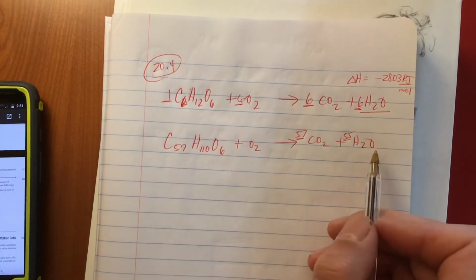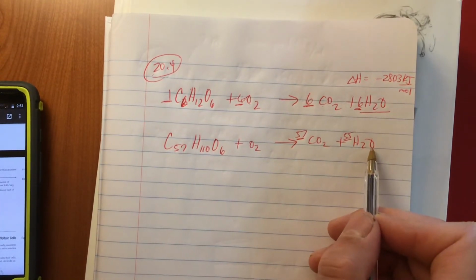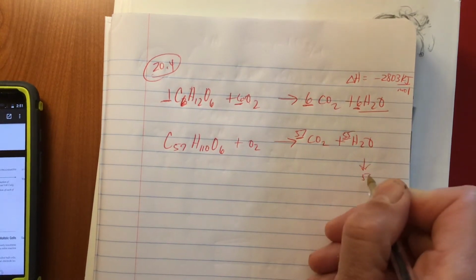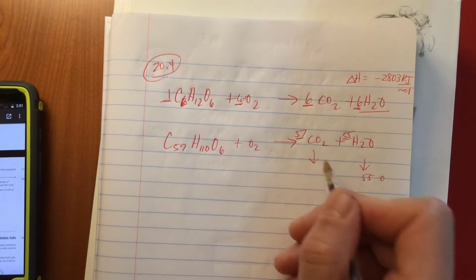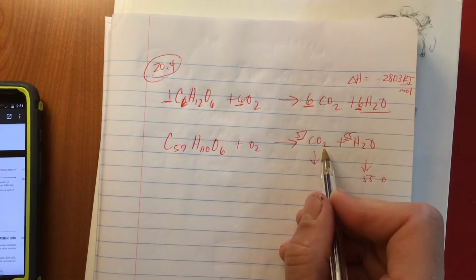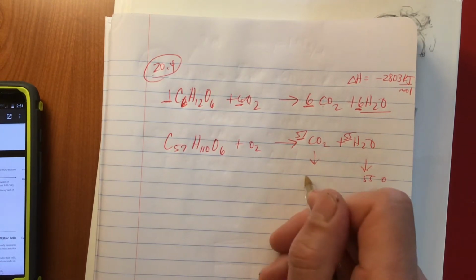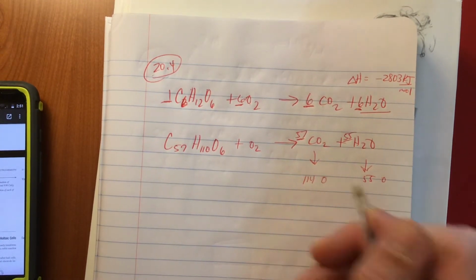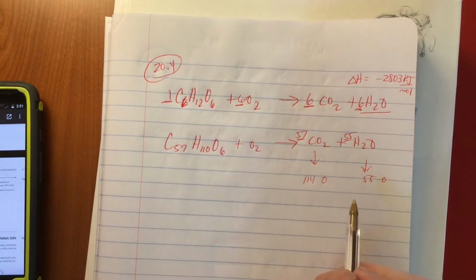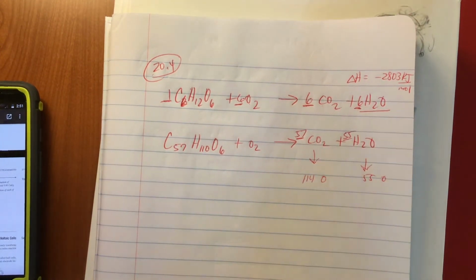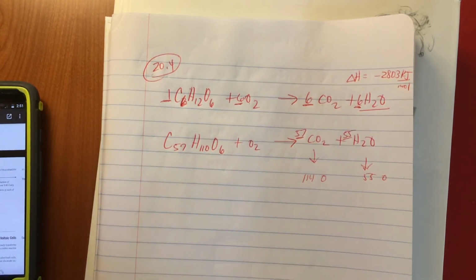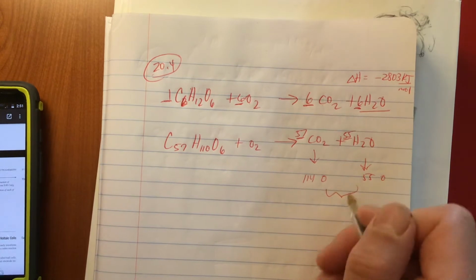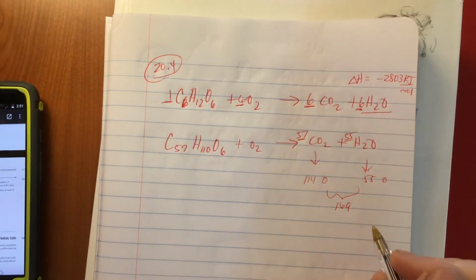And then oxygen, so what do I have? I got 55 oxygens here, and I've got 57 times 2, 114 oxygens here. 114 and 55 is not an even number. So 114 and 55, 169.